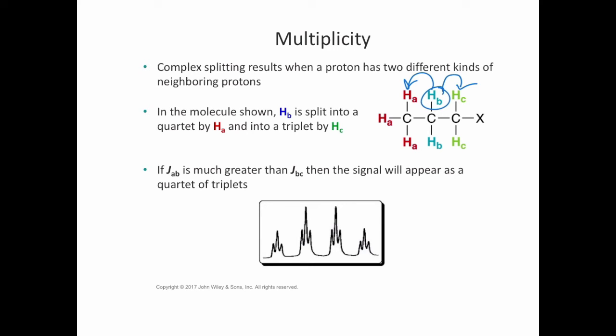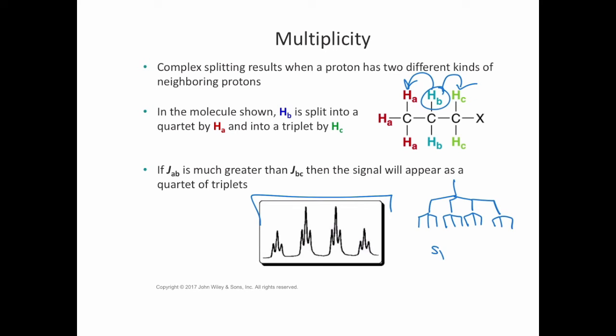Instead, you're going to see a quartet of triplets, because first the HB will be split into a quartet by HA, and then HB will be further split into triplets by coupling with HC.